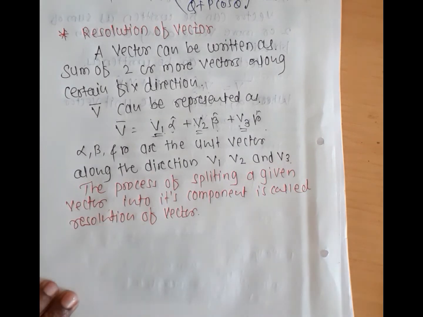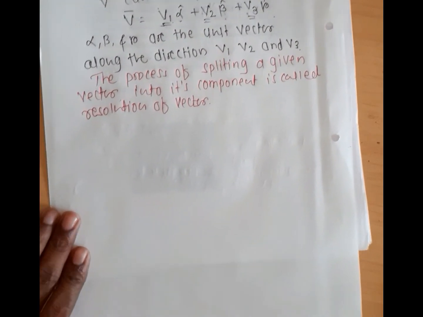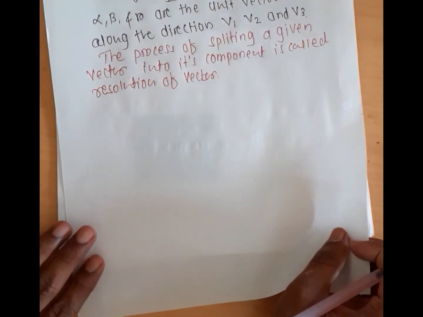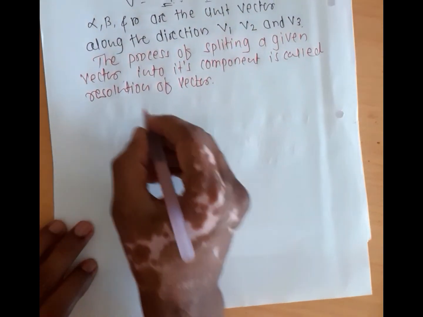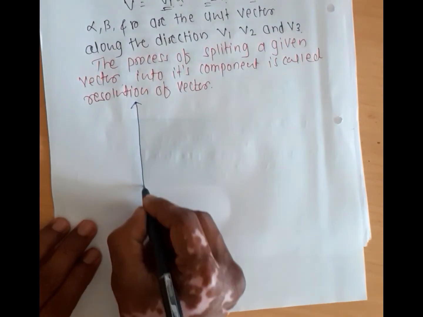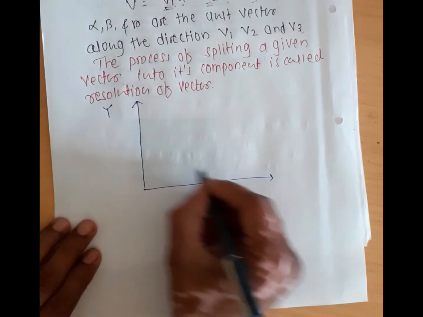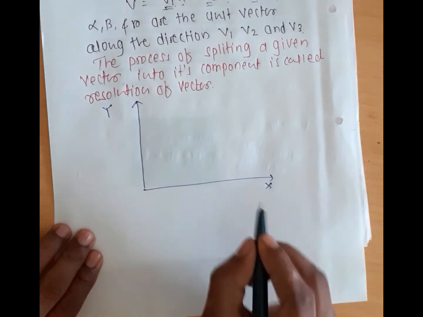Okay, so now here is one diagram of the resolution of vector. How to represent the resolution of vector? I draw one diagram of resolution of vector. See here, these are two axes. This is the y axis, this is the x axis.